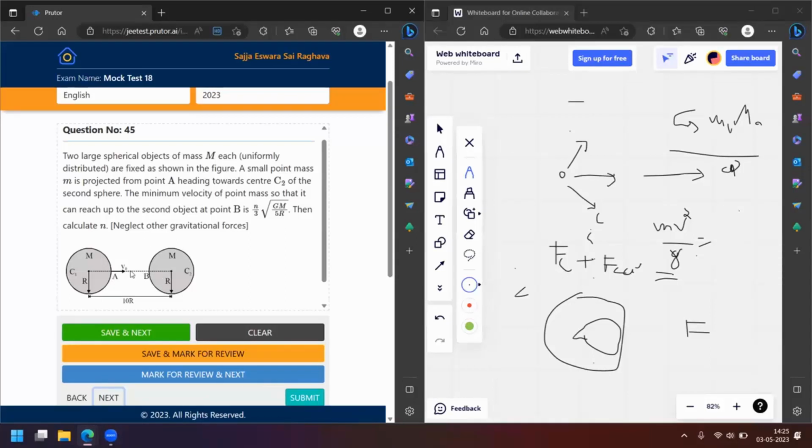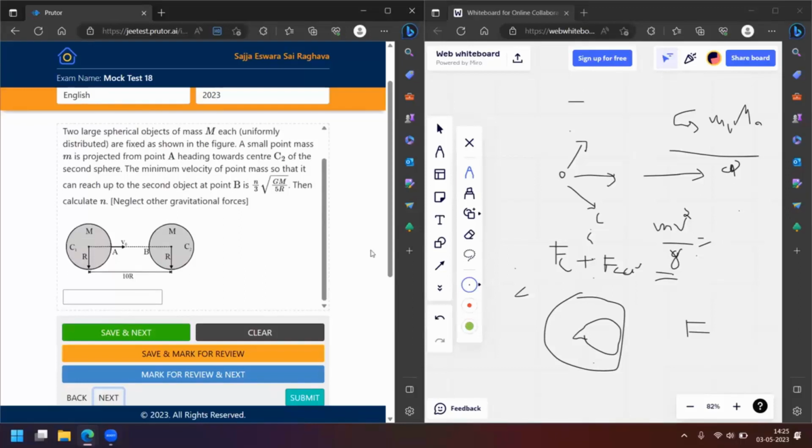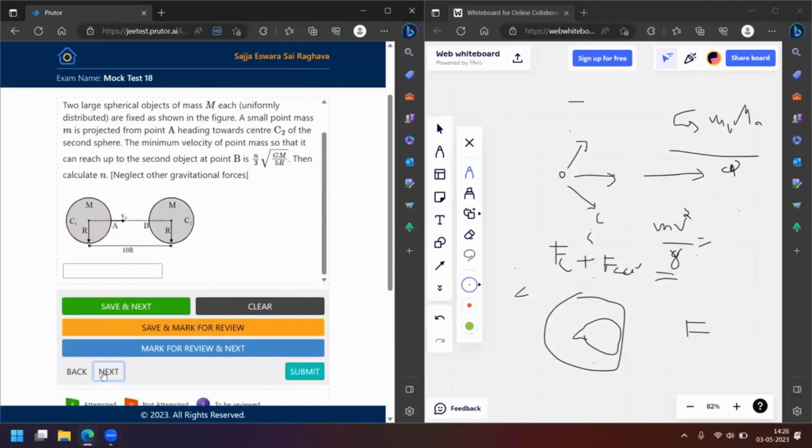So it is just sufficient to reach the midpoint of A and B. Using conservation of energy, we can find the minimum velocity needed to reach the midpoint, where we can consider the velocity as zero, and the gravitational potential energy can be found using the distances between the point and the bodies.